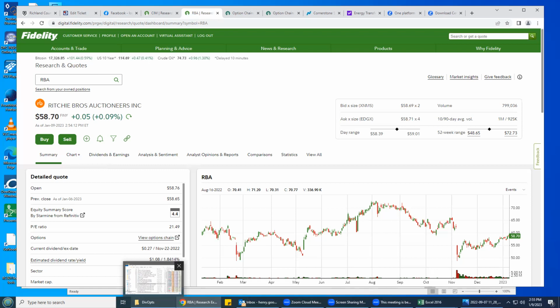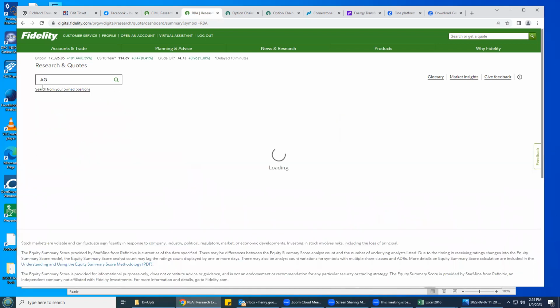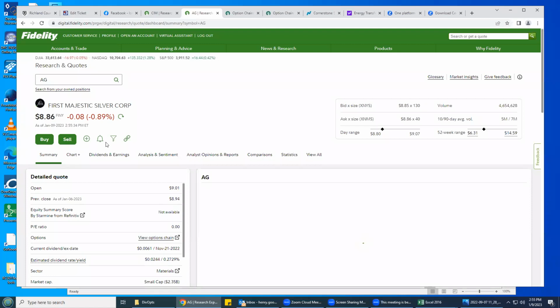I went in on his sheet and put down the one that actually had options, I just never mailed it back out. But anyway, you can do any stock like this. One of the ones he had was an $8 stock, AG.